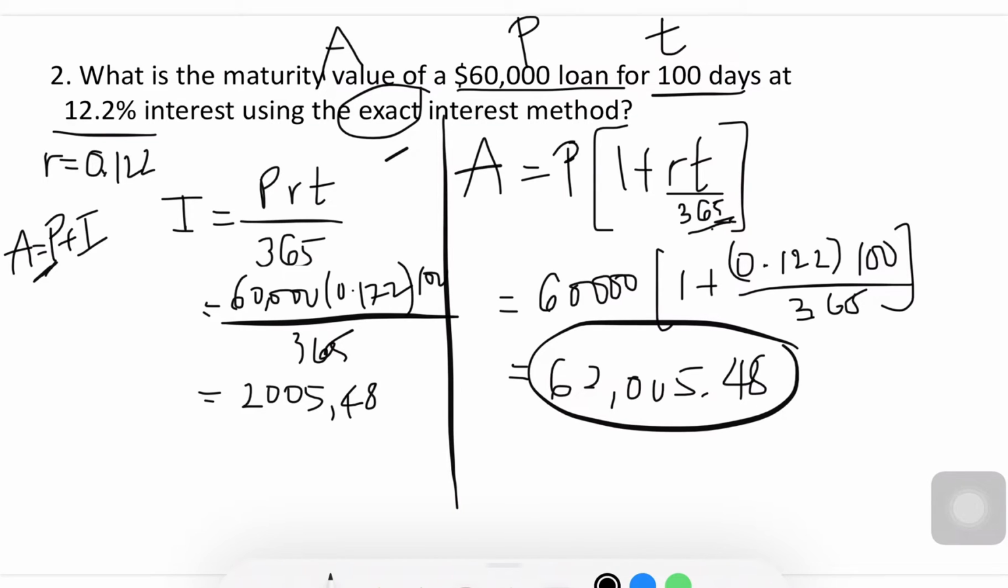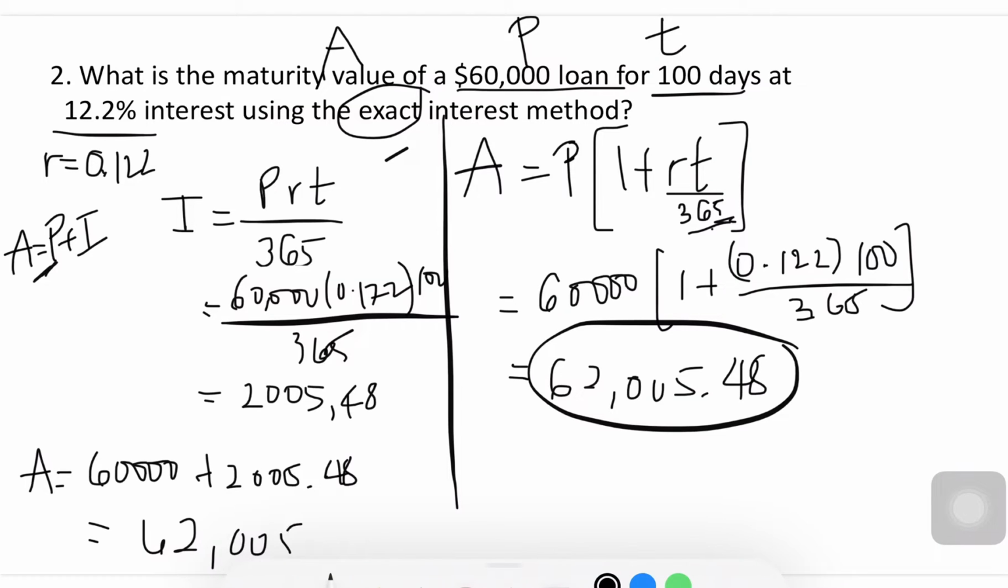Then using this, 60,000 plus $2,005.48 is equal to $62,005.48. Okay, so it is the same.